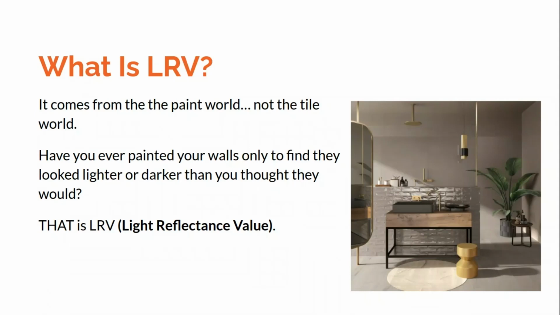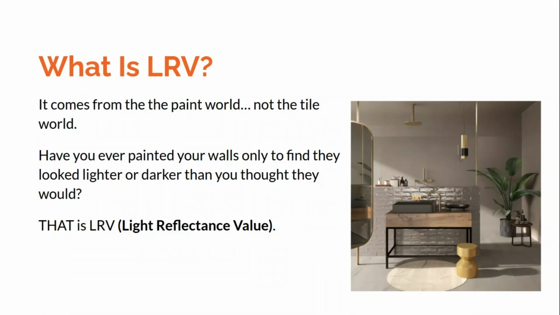So that's basically what LRV is, and it can really greatly affect your room, depending on how much natural or artificial light it gets. One thing you want to understand is that any color will look lighter when it's hit with direct or artificial light, but different colors will respond differently.